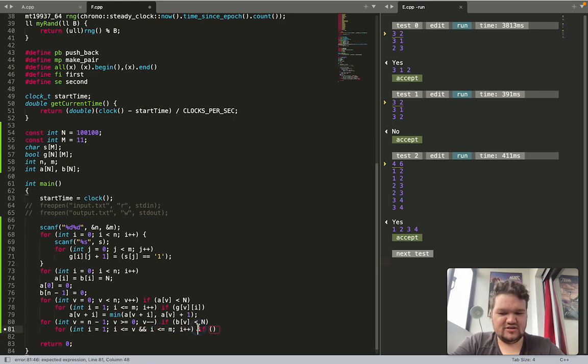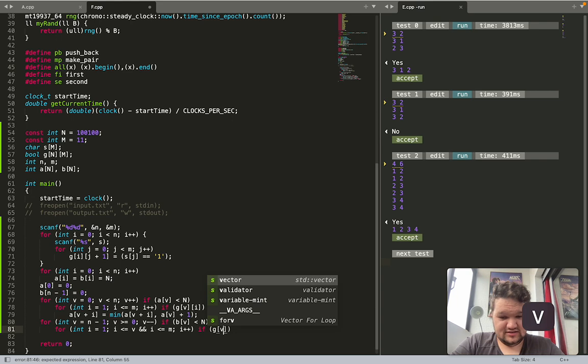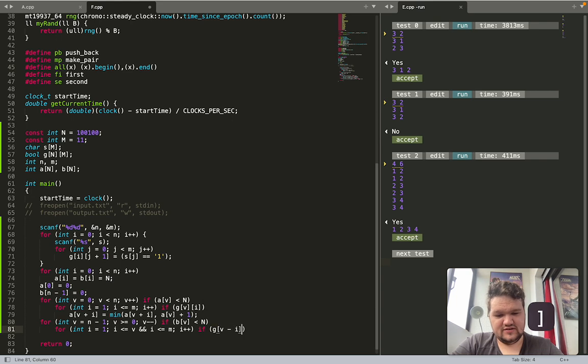It will be at most m, and thus if this edge exists, it goes from v minus i with length i, and I should add this check because I don't want to look at the vertices that do not exist. Or I could write the DP backwards, then it will be easier, I guess.